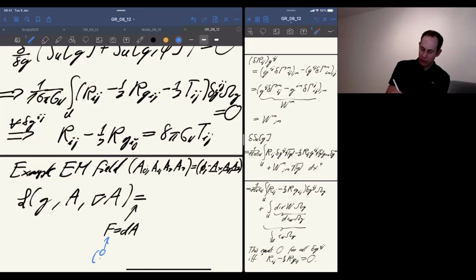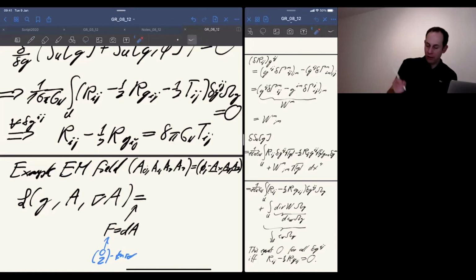That's a 0-2 tensor. And you may have seen in electrodynamics, at least if you took electrodynamics with me last spring, that we can write the electromagnetic field tensor F as an exterior derivative of the 4-vector A.